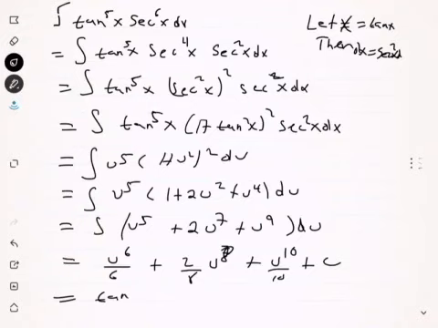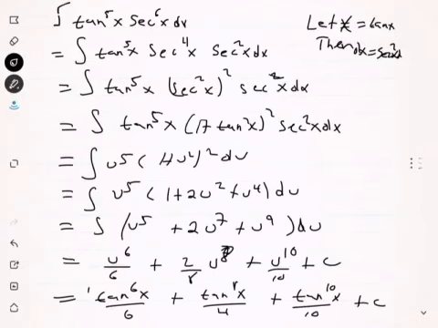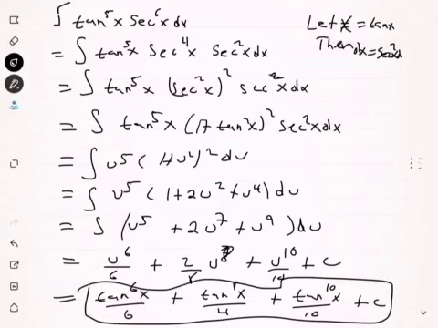So tangent to the sixth power divided by 6 plus tangent to the eighth power divided by 4 plus tangent to the 10th power divided by 10 plus C. So this is what the answer is if you save a secant square.